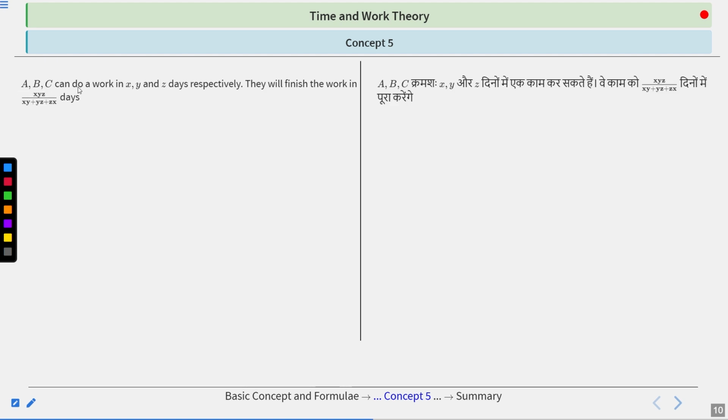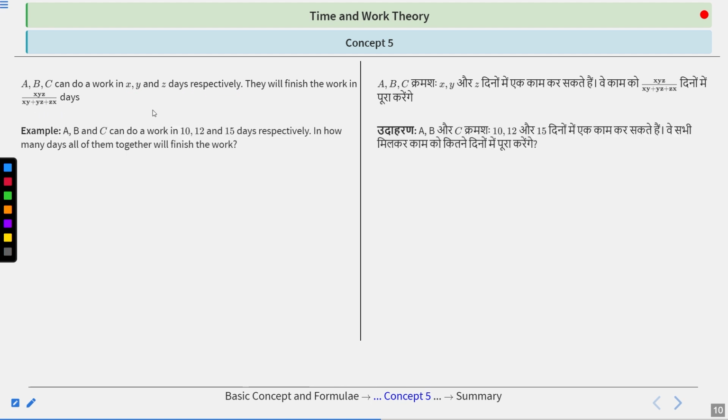Now concept fifth. A, B and C can do a work in X, Y and Z days respectively. They will finish the work in X into Y into Z upon X into Y plus Y into Z plus Z into X days. For example, A, B and C can do a work in 10, 12 and 15 days respectively. In how many days will all of them together finish the work?